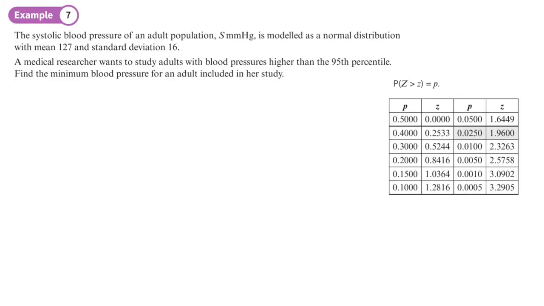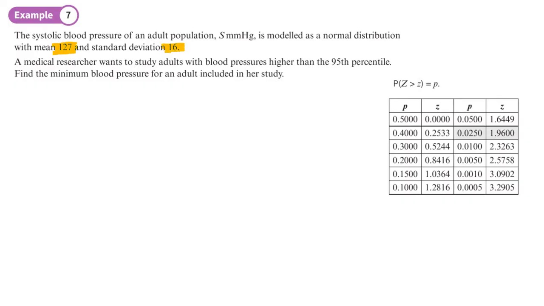Right, let's have a look at this question here. Blood pressures are modelled by a normal distribution. It gives us the mean and the standard deviation. It's just written down here, so it's not how we would normally see it, not a problem.